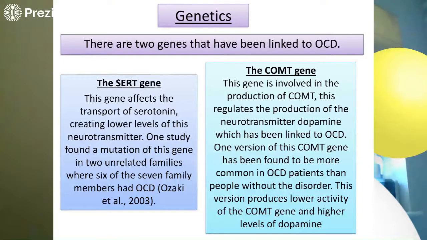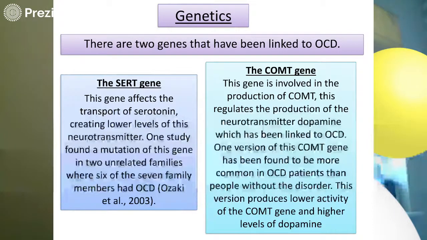The next one, the COMT gene, is involved in production of dopamine. So if someone has different levels of dopamine, this can affect whether they have OCD or not. Again, a version of this gene has been found to be more common in OCD patients.